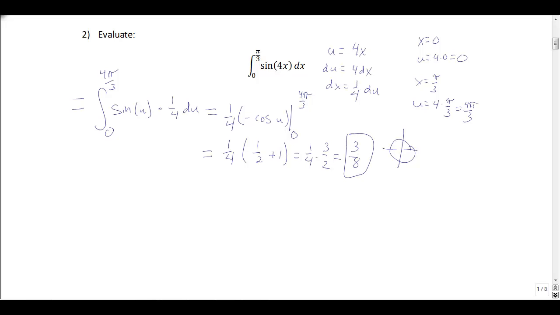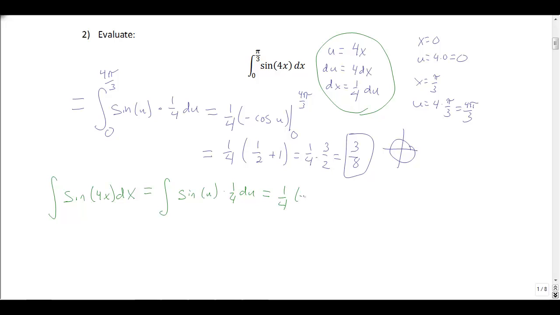Okay, what about the other method? Well, what you could have done is just said your straight up indefinite integral. Forget the 0 and pi over 3 for the time being. And say this is an integral of sine u times 1/4 du. I'm going to use the same substitution here. Do my antiderivative.